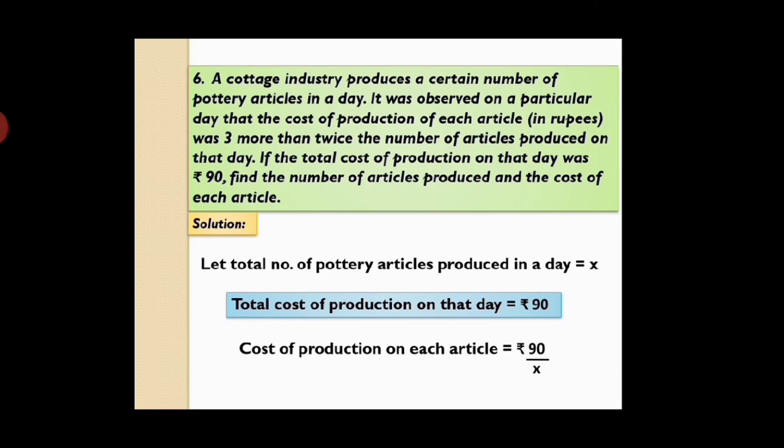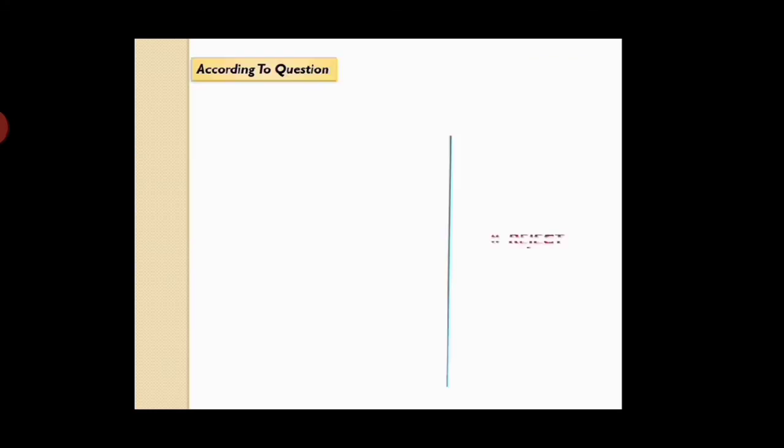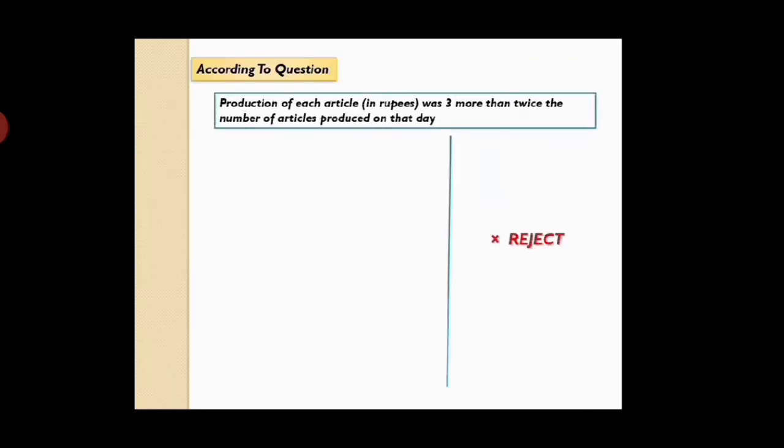Once again, student, total number of article is x and total production is rupees 90. So cost of each article will be rupees 90 upon x. And according to question, production of each article was 3 more than twice the number of articles produced on that day. It is given in the question.